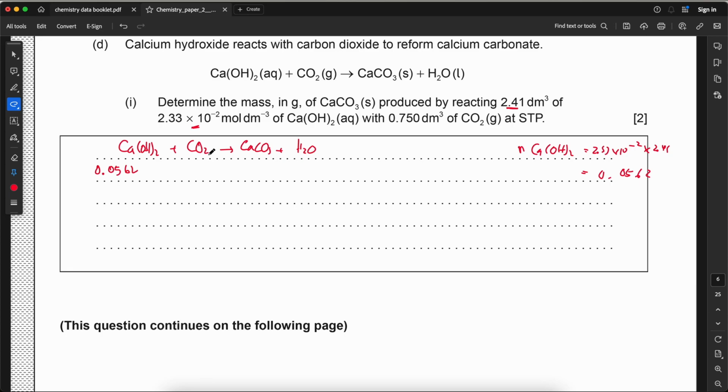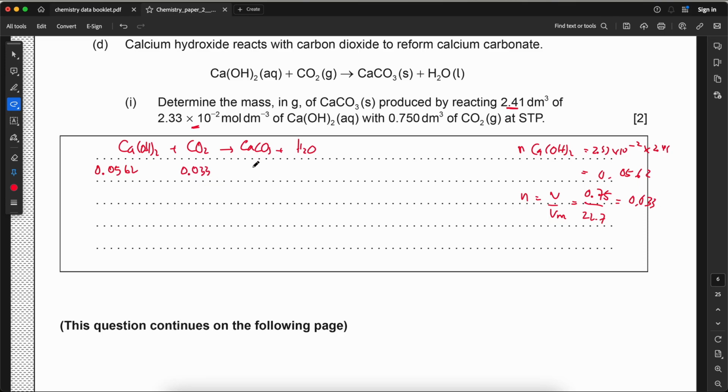And for CO2, n equals V divided by Vm. So we've got V, which is 0.75 divided by 22.7. You get 0.033. So here would be 0.033. So this one will be the limiting reactant.